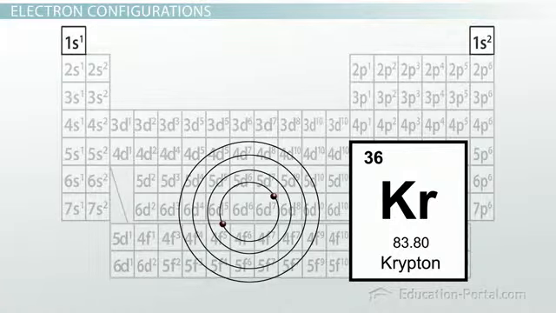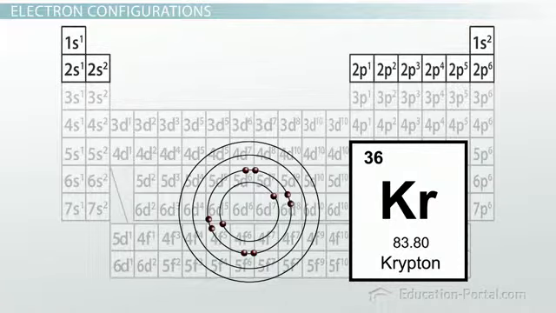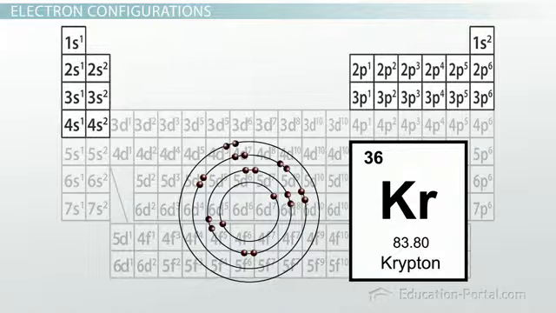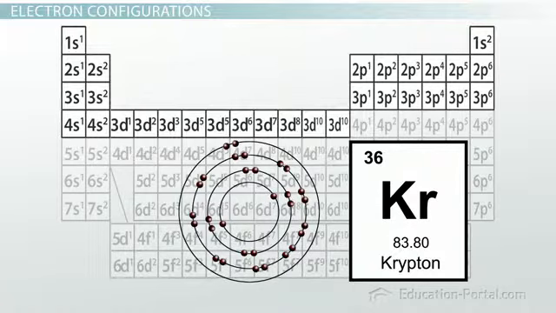Krypton has 2 1s electrons, 2 2s electrons, 6 2p electrons, 2 3s electrons, 6 3p electrons, 2 4s electrons, 10 3d electrons, and 6 4p electrons. That should add up to 36 electrons, which is perfect because that's how many protons an atom of krypton has.